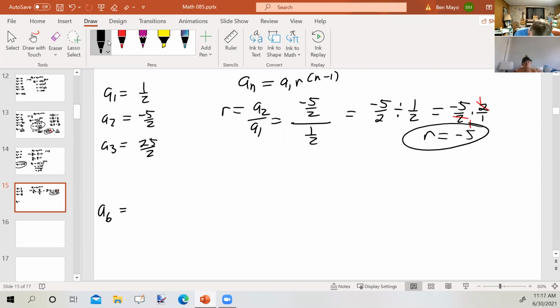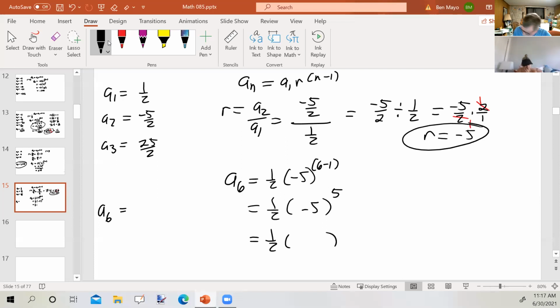So that means a sub 6 is a sub 1 times -5 to the 6 minus 1 power, which is 1/2 times -5 to the 5th power. Now, you've got to be careful with your calculator.